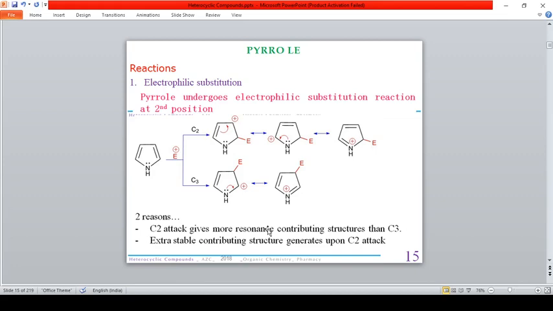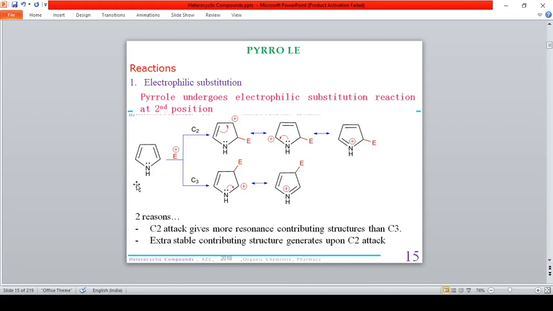Now comes the reaction of pyrrole. The first reaction that we will be studying is electrophilic substitution. What is electrophilic substitution? When an electrophile comes and substitutes a group from the compound and attaches itself, it is called a substitution reaction. Now here it is written: pyrrole undergoes electrophilic substitution reaction at the second position.